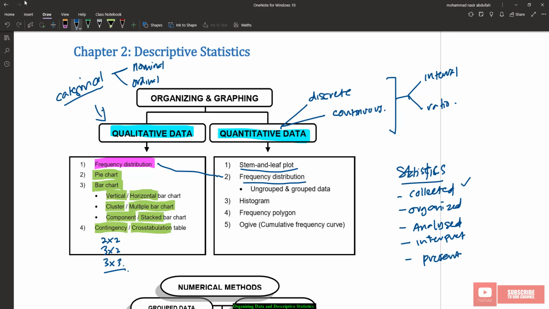We need to categorize the data into groups. This applies for grouped data and ungrouped data. We could also do a histogram for quantitative data. Then we can also do a frequency polygon, which comes from the histogram. And last is an ogive, which is a cumulative frequency curve, right?